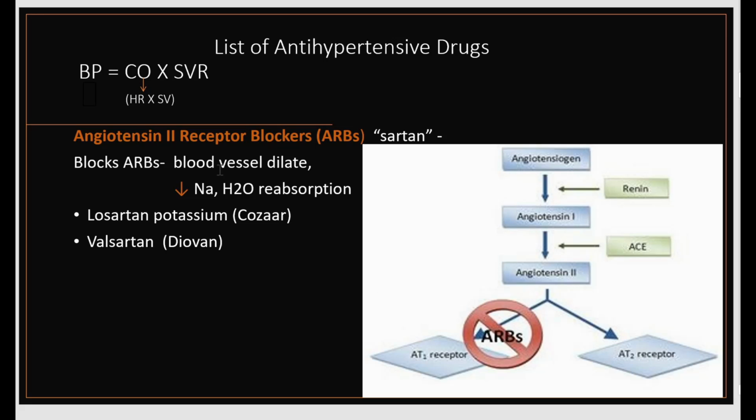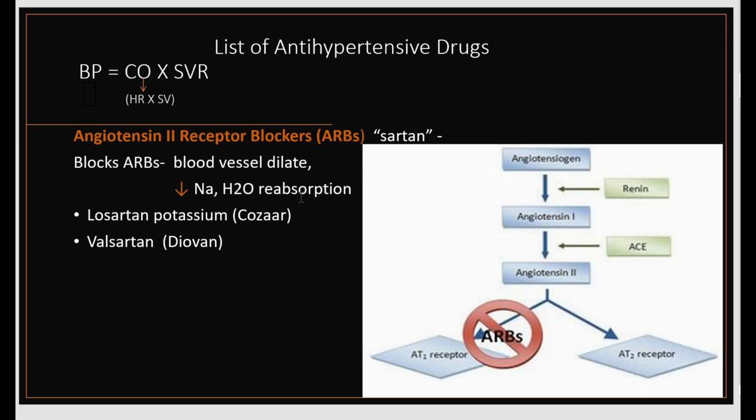As a result, again, blood vessels dilate and sodium and water reabsorption decreases. When the blood vessels dilate, systemic vascular resistance drops. When there's decreased sodium and water reabsorption, the plasma volume of the blood decreases. As a result, stroke volume decreases, and the blood pressure drops.